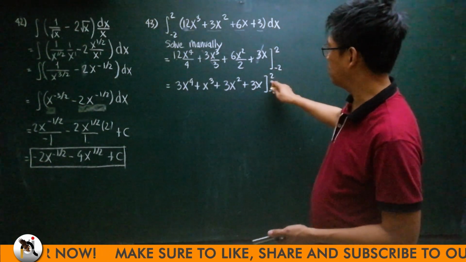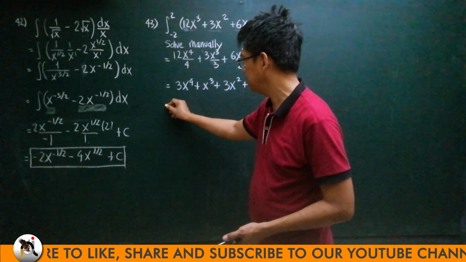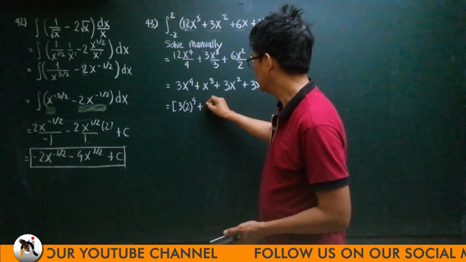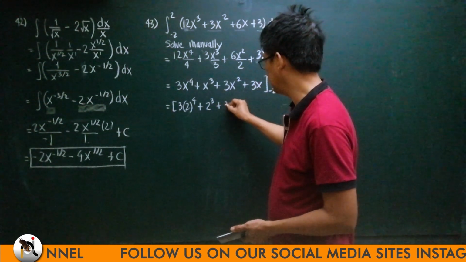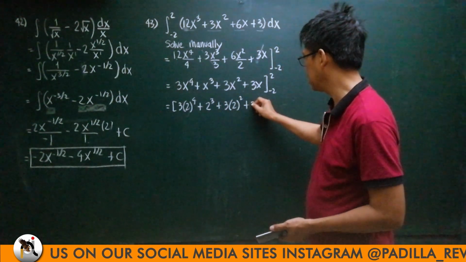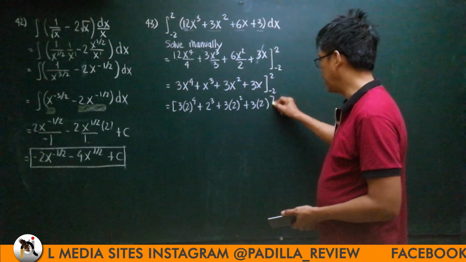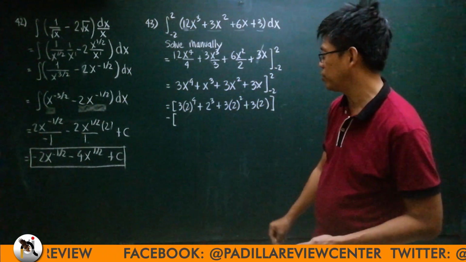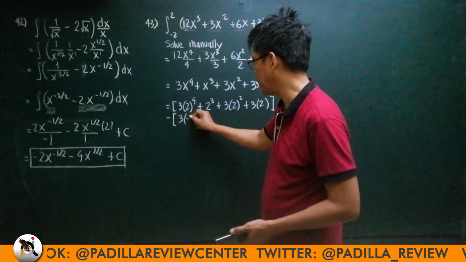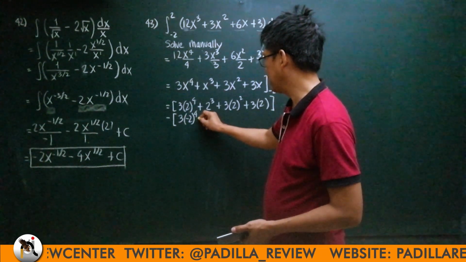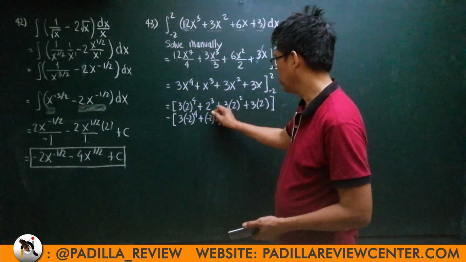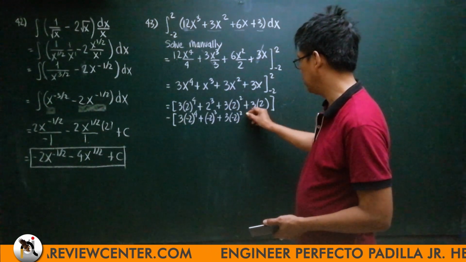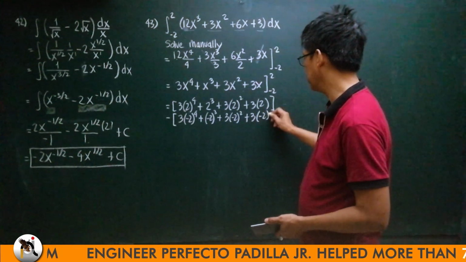So substituting the upper limit for all x's, this is going to be 3 times 2 to the 4th plus 2 to the third plus 3 times 2 squared plus 3 times 2 minus, you substitute minus 2, the lower limit for x, so this is 3 times minus 2 to the fourth plus minus 2 cube plus 3 times minus 2 squared plus 3 times minus 2.